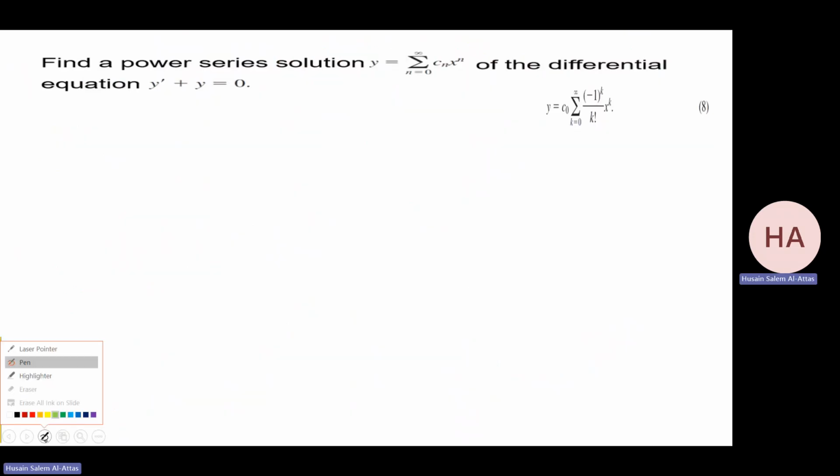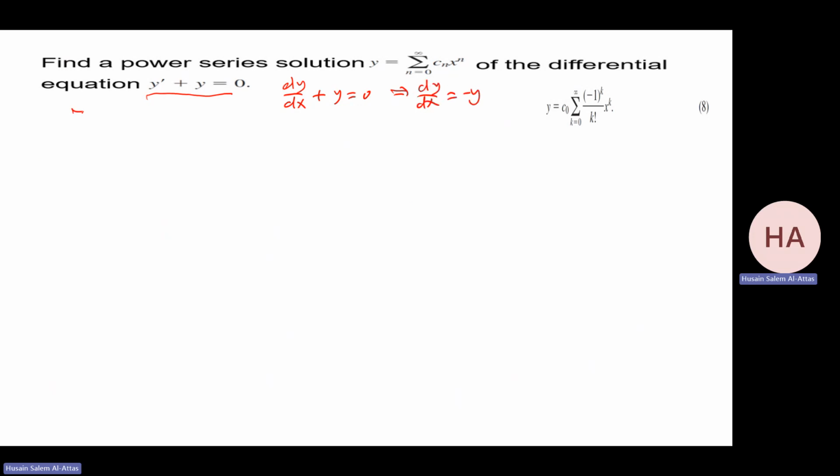Now, let me do this example. What is nice about this example is that it's something I know the solution of. It's dy over dx plus y equals 0. So I have dy over dx equal minus y. In other words, dy over y equal minus dx.